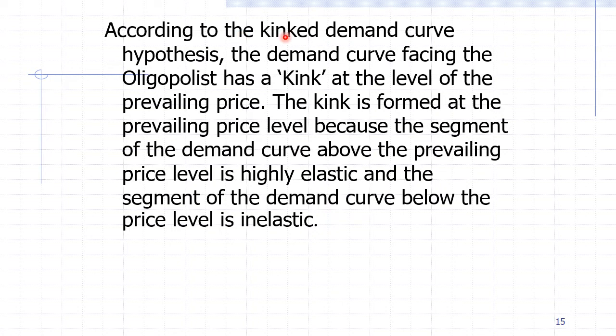According to the kinked demand curve hypothesis, the demand curve facing the oligopolist has a kink at the level of the prevailing price. When you see the graph, you may understand what this is. The kink is formed at the prevailing price level because the segment of the demand curve above the prevailing price level is highly elastic, and the segment of the demand curve below the price level is inelastic.